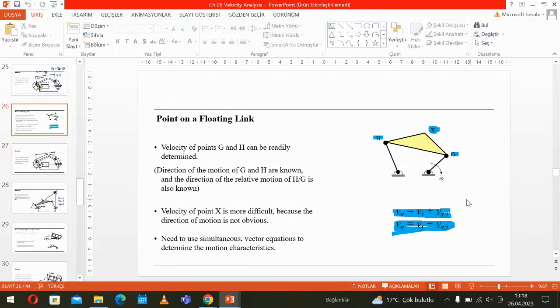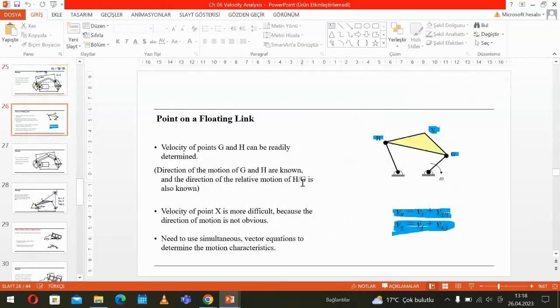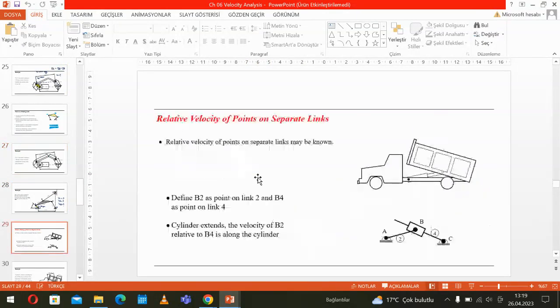In our last lessons, we were at the point of relative velocity of points on a separate link.